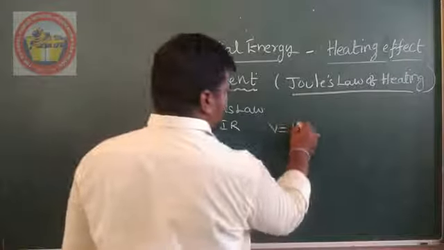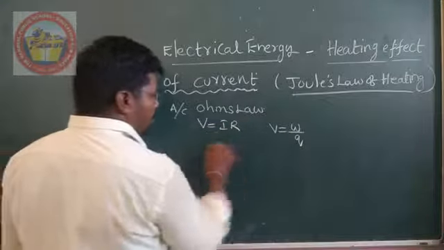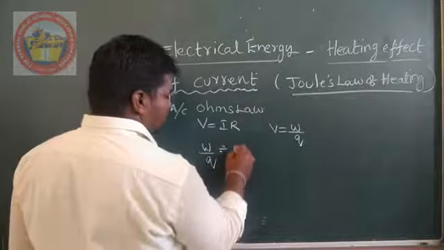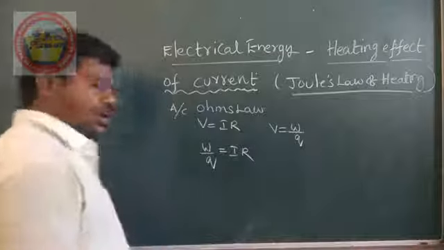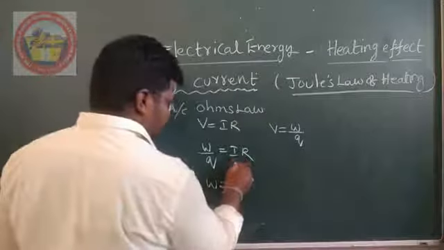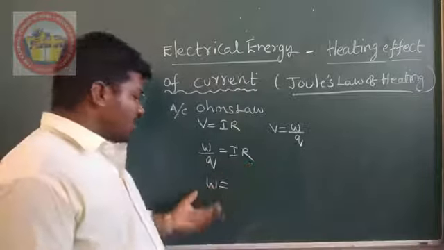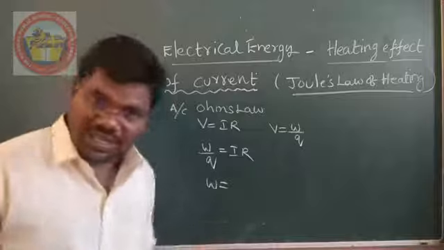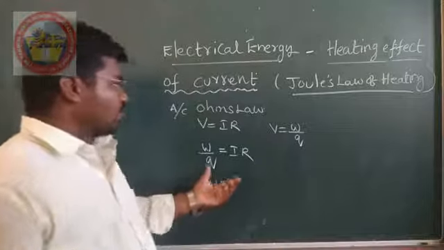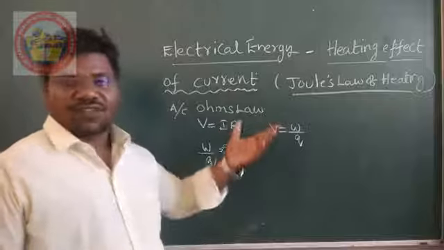From both we can write work done per charge is equal to I into R. So work done is equal to Q into I into R. This work done is in the form of energy, and heat is also one of the forms of energy.